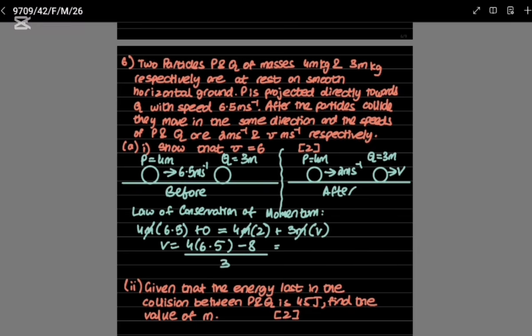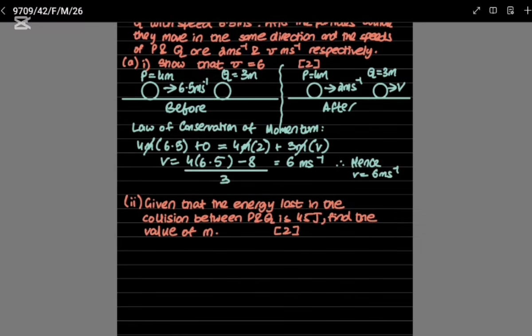Let me check it out. Minus 8 over 3. This gives you that v is equal to 6 meters per second. So they told us to show that v is equal to 6. So hence v is equal to 6 meters per second.